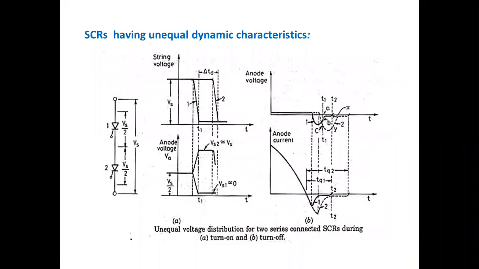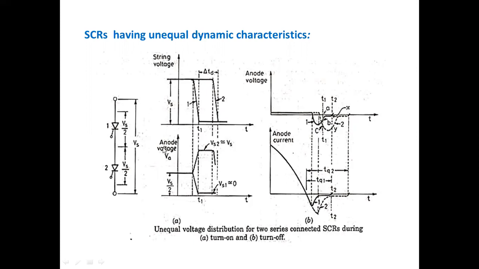Next, what happens whenever unequal dynamic characteristics are observed? If you observe the circuit, the two SCRs are connected in series, the first SCR and the second one, and the string voltage is divided as Vs by 2 and again Vs by 2.